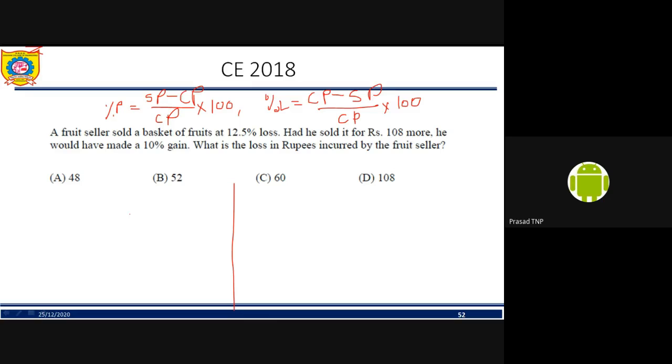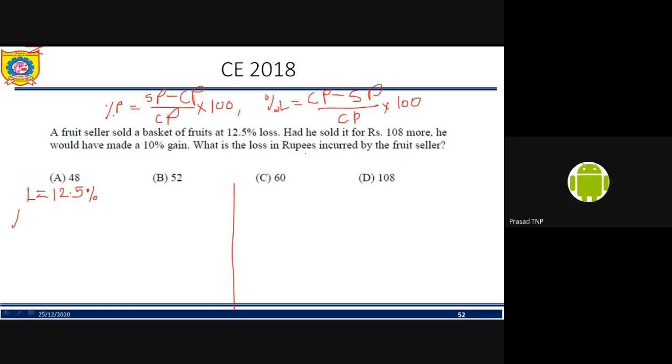Now the question is, a fruit seller sold a basket of fruits at 12.5% loss. So L, loss, is equal to 12.5%. Had he sold it for rupees 108 more, he would have made 10% gain.